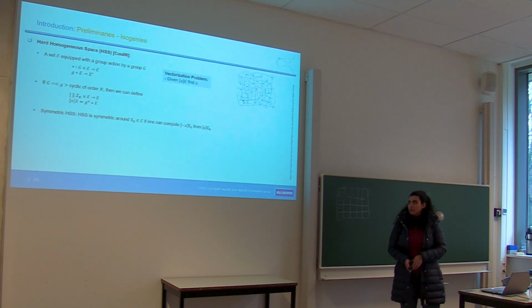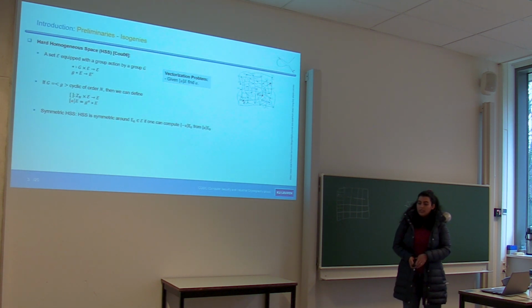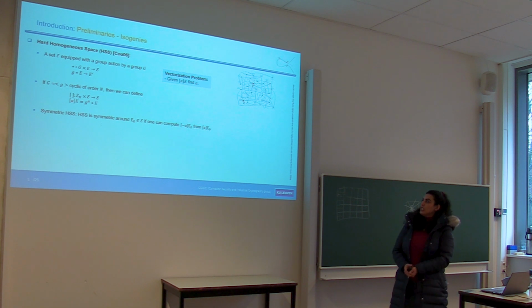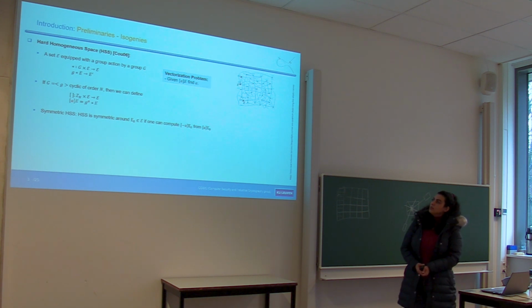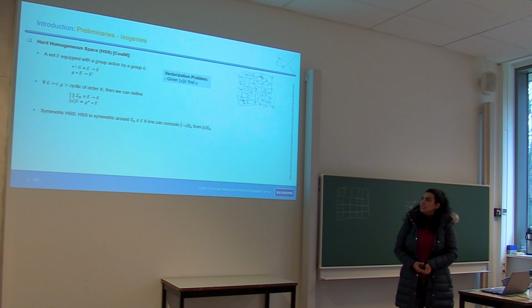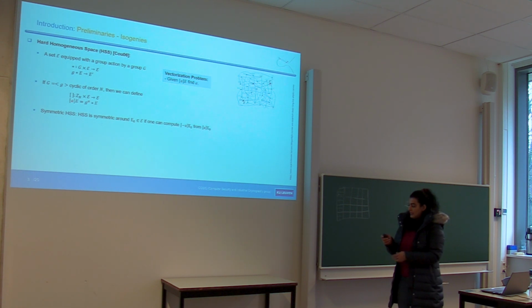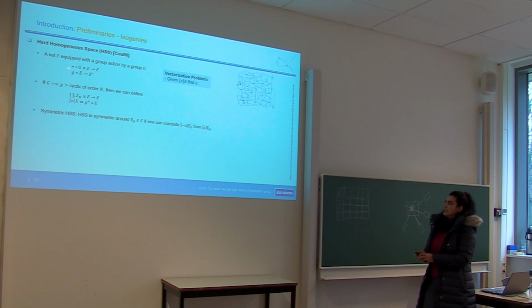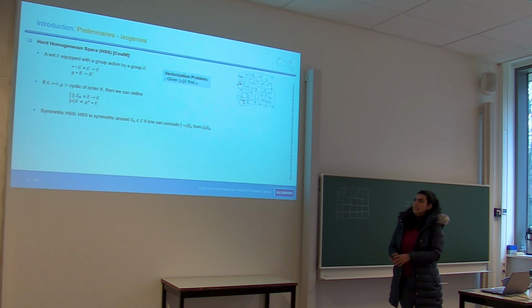Let's start with the introduction. We are in the hard homogeneous space, which says that a set E is equipped with a group action by a group G. Basically, we have this star meaning group action: an element from a group acting on an element from a set E goes to another element in the same set.